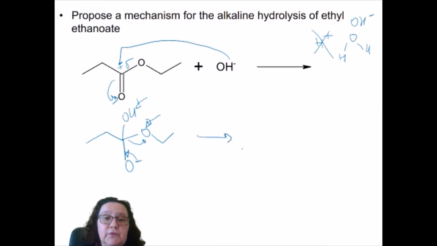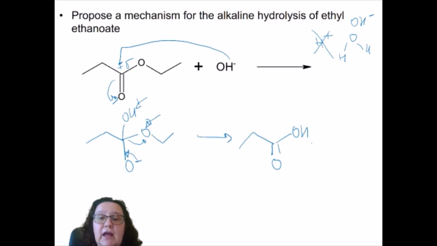So we would end up with again the carbonyl group reformed, but in the form of a carboxylic acid, and the fragment, an ethoxide with a negative charge, having left the molecule. And that would be the final reaction.